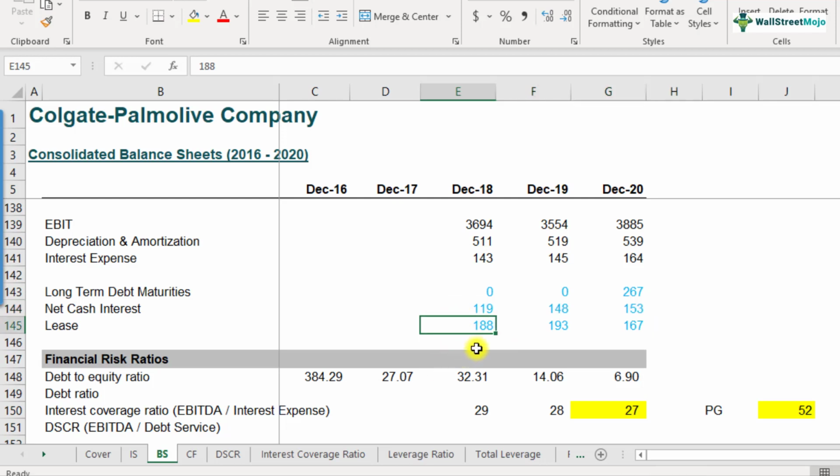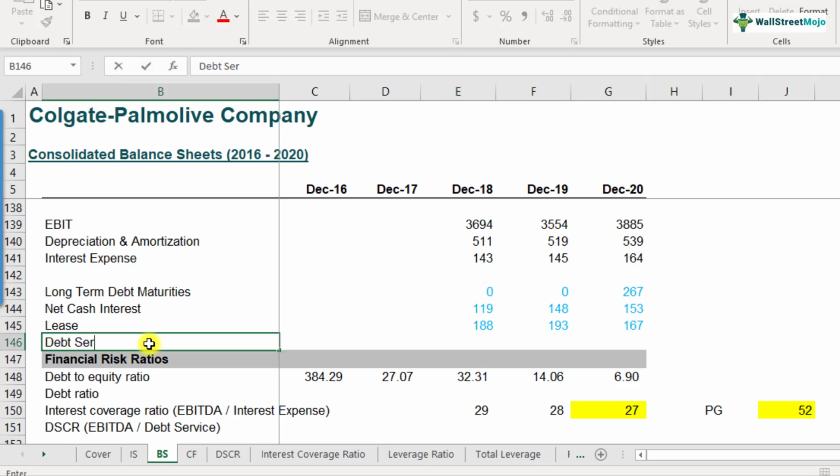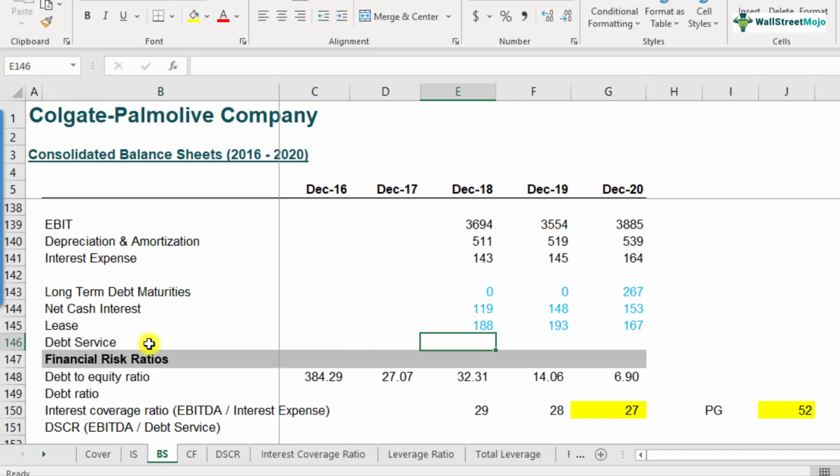The third part is the lease related payments or commitments, which we also need to add for the debt service. So debt service will be the addition of these three. Debt service for 2018 is 307, 341 for 2019, and 587 for 2020.